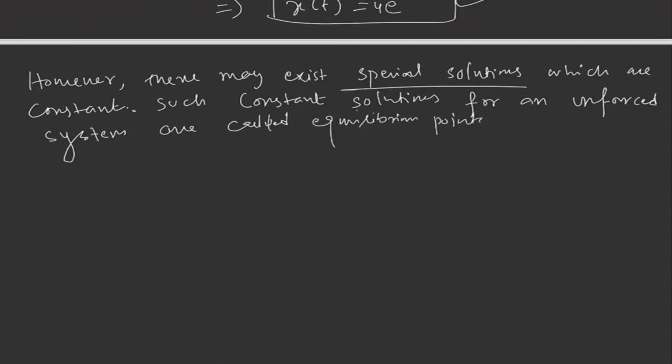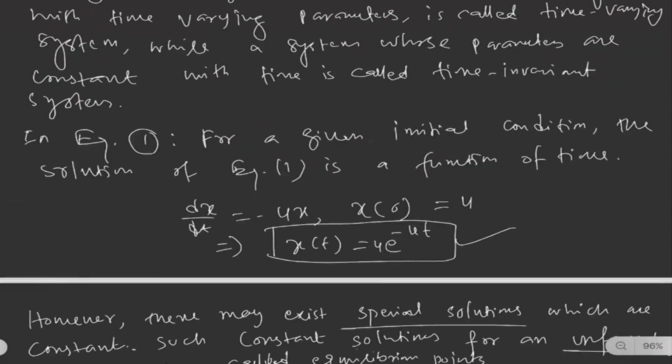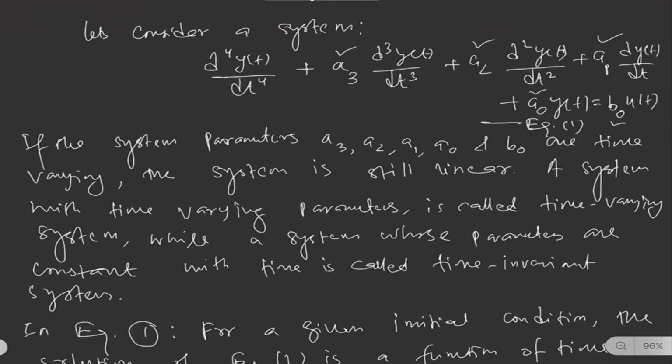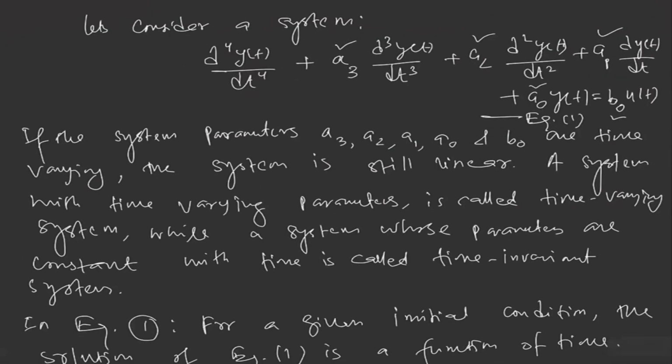This is a very, very important part in a control system. Unless we know the equilibrium point, we can't come up with the system in linear form from the physical systems. If you notice, I have used the term unforced system. If you look at our original system, equation 1, with the effect of u of t my system is evolving.